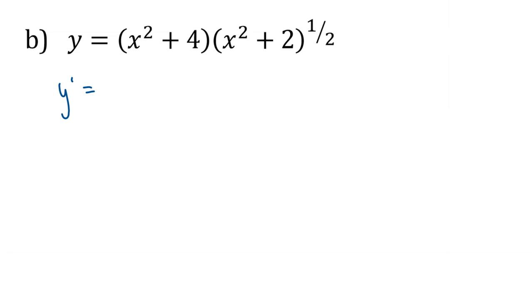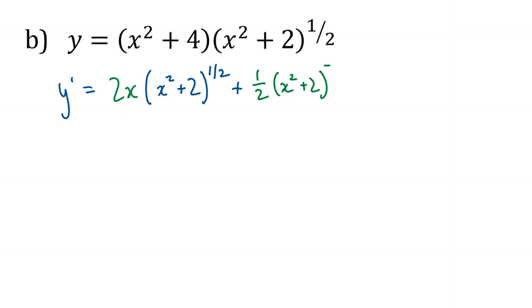The first one doesn't have an exponent, so its derivative is just 2x times x squared plus 2 to the 1/2 plus, so I'm bringing the exponent out, 1/2 times the bracket, subtracting 1 from the exponent to the negative 1/2, times the derivative of what's inside.